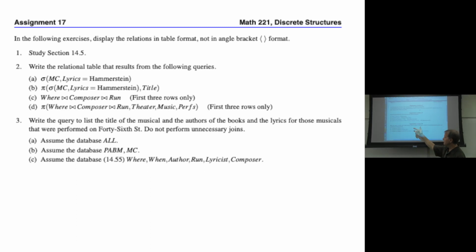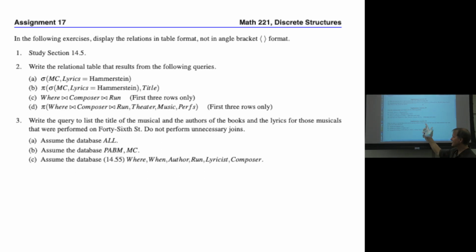This time we're going to project the result from part A, just the title. So that would be a one-column table, with Oklahoma and The King and I.